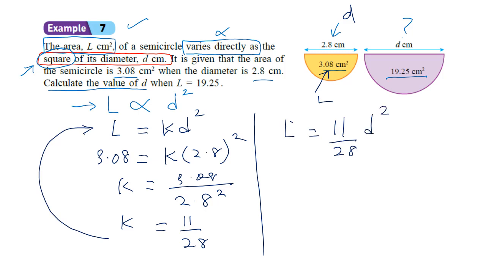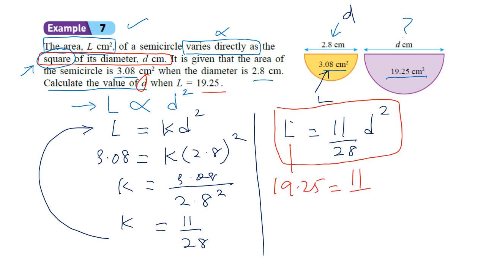Once you get this equation, it's easier for you now to calculate the value of D when L is 19.25. So you just substitute L is 19.25 equals 11 over 28 D square.